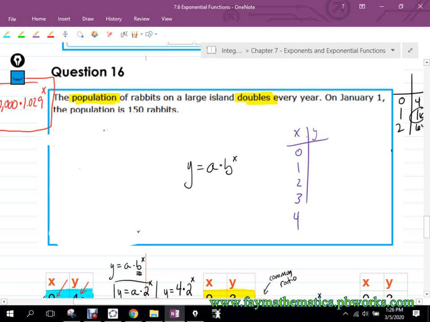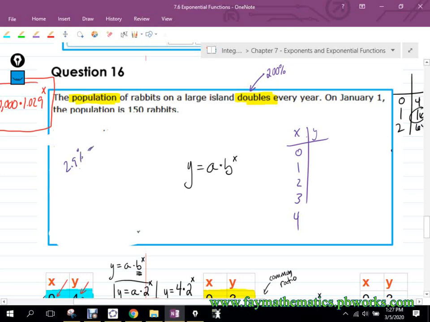If I multiply by 2 to double, as a percent, 2 as a percent is 200%. Okay? So when something doubles, we're actually using 200%. So if you're going off the idea of what we were doing in the last questions, like the last one was 2.9%, right?